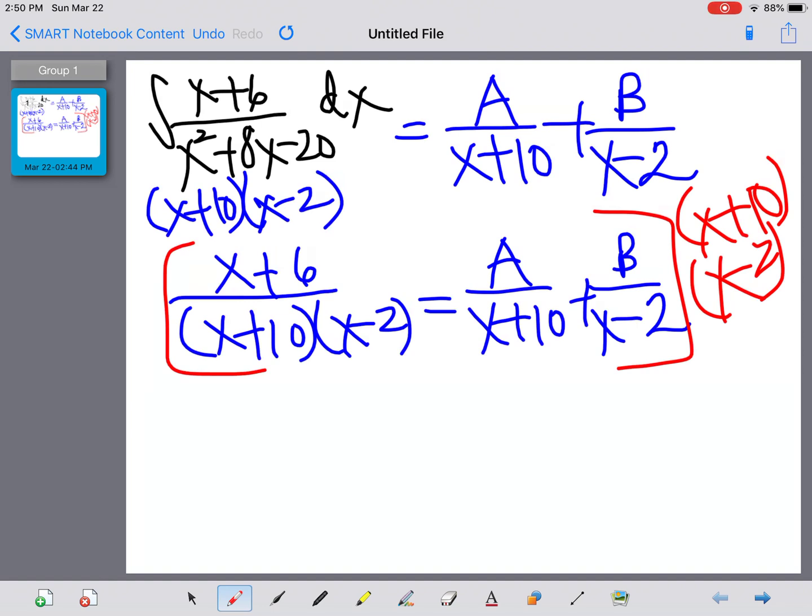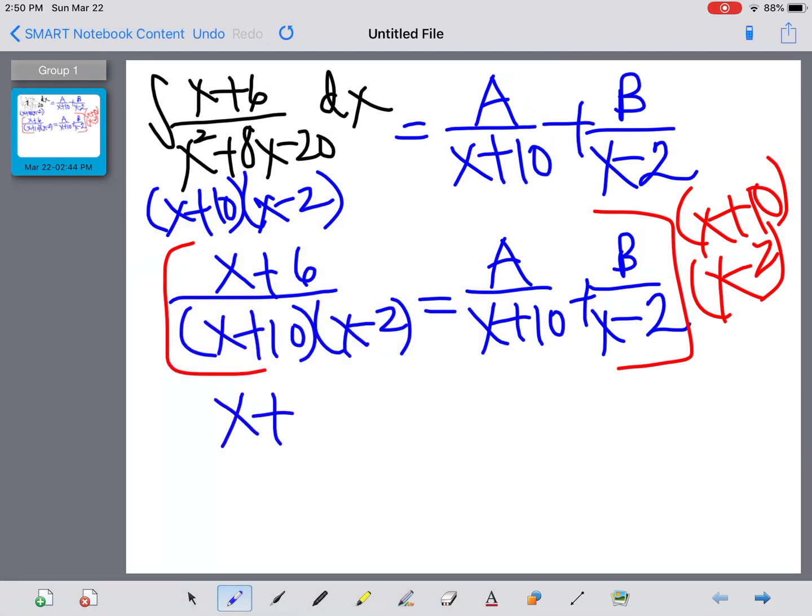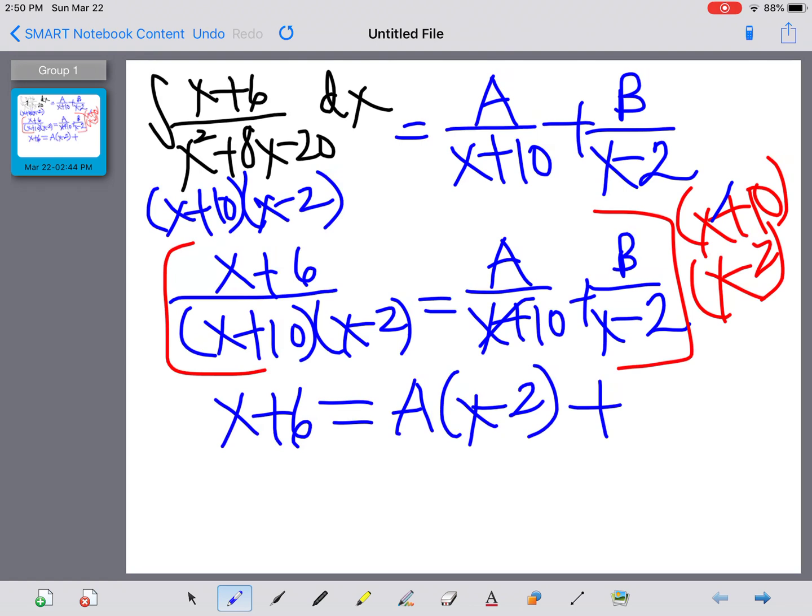In the first fraction, everything cancels, leaving us with just x plus 6. Second fraction, the x plus 10s cancel, leaving us with A times x minus 2. And the last fraction, the x minus 2's cancel, leaving us with B times x plus 10.